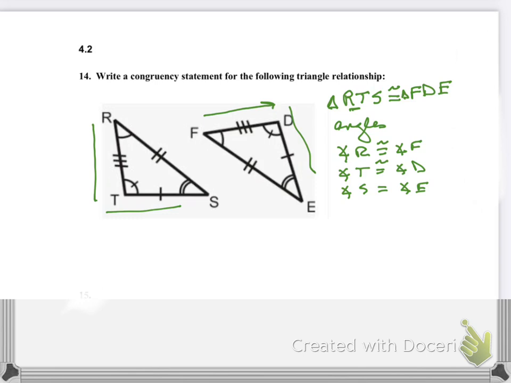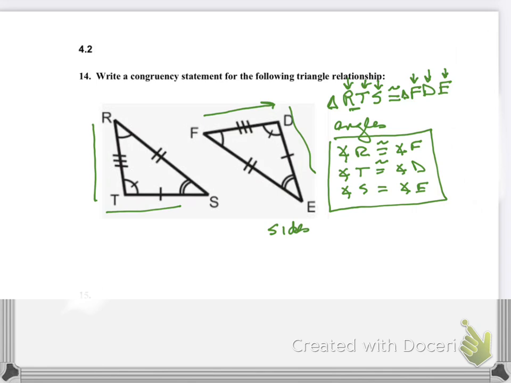So what I did was I said first goes with first, second goes with second, third goes with third. That's my angle statement. Now notice I didn't ask you to do this for this question, but I'm telling you I'm going to ask you to do it for the quiz because our other practices have all involved us doing that.